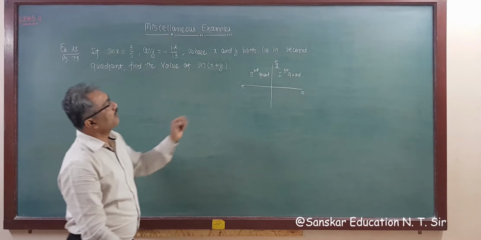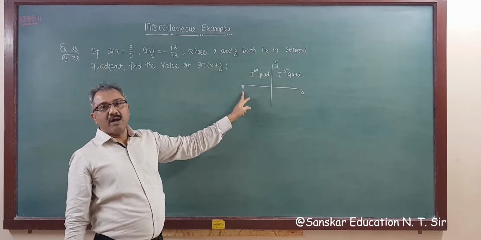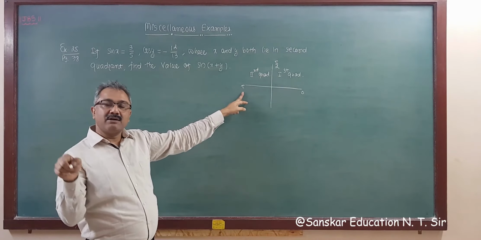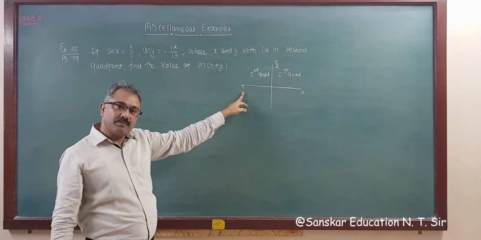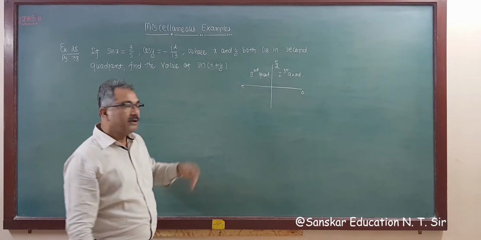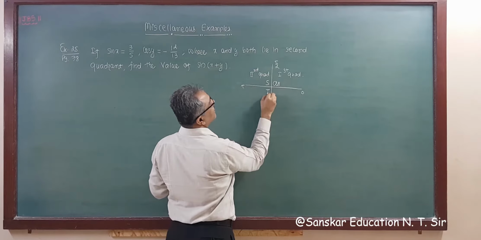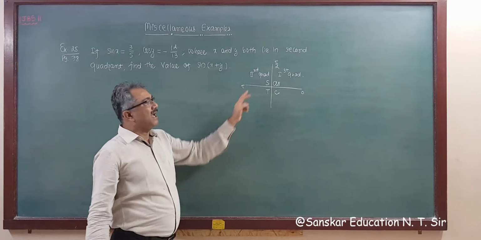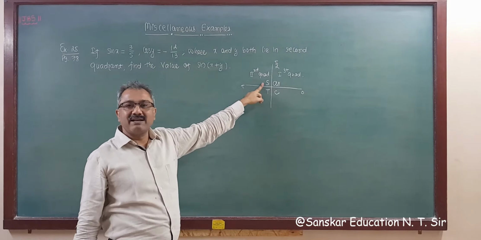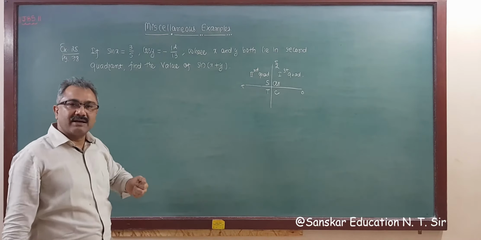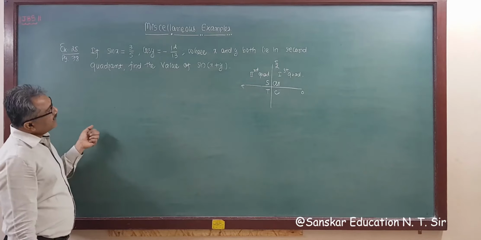So second quadrant means pi by 2 to pi, and in the second quadrant sine and the reciprocal of sine are positive, all other functions are negative, because of the rule All Sachin Tendulkar Cars, where S means sine and its reciprocal, that is cosec. So sine and cosec are plus, others are minus, right?